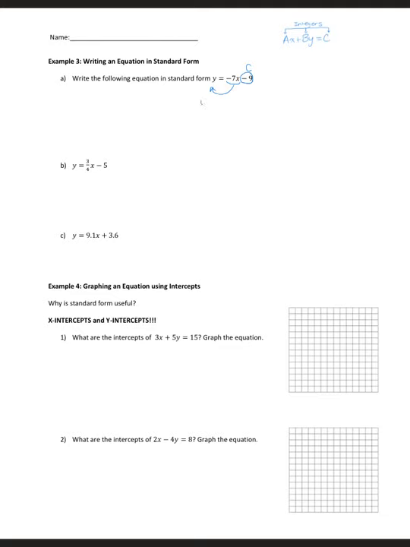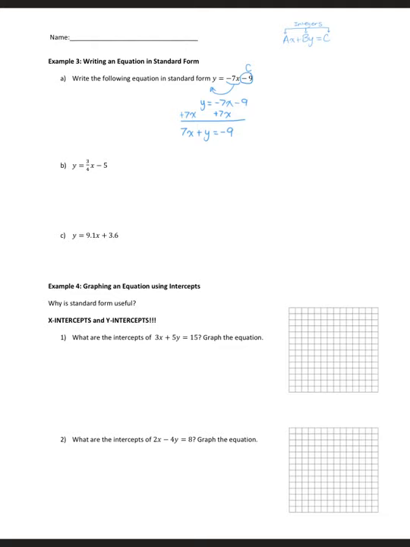So if I have y is equal to negative 7x minus 9, in order to move that negative 7x over, I add it to the other side. Now I can't add 7x to y. They're not like terms. So we just end up with 7x plus y is equal to negative 9. And that's your standard form.